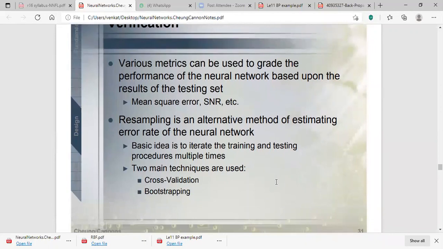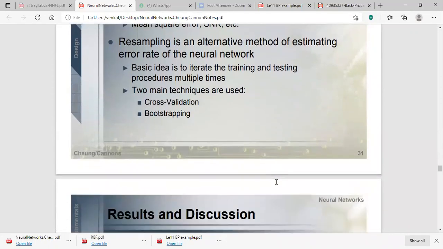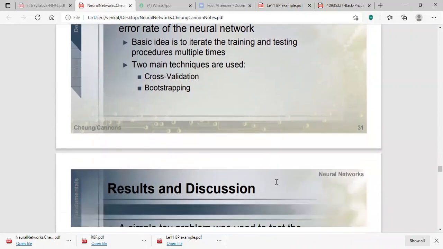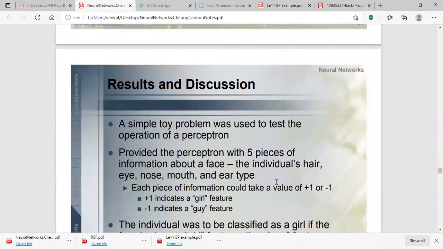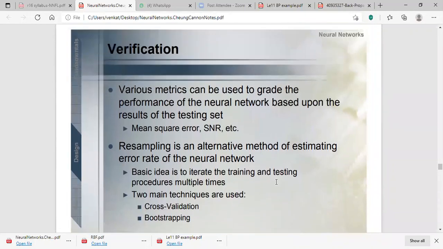Verification. So after verification, if the desired output is not achieved, you need to propagate your error to all the neurons in your hidden layer as well as input layer also.